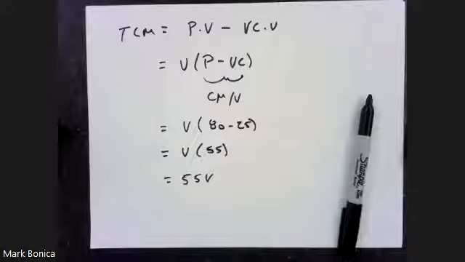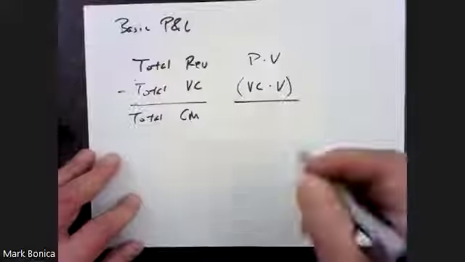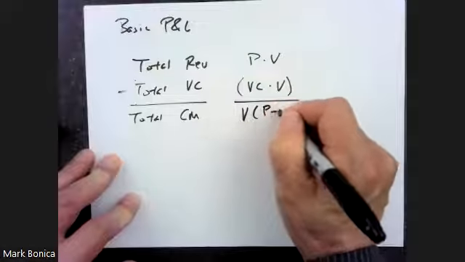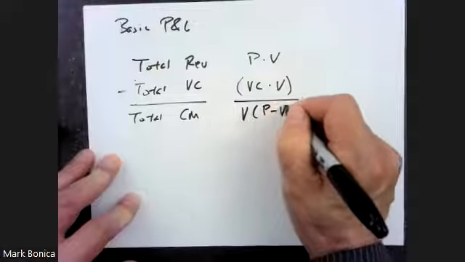So in this particular case, total contribution margin is volume times price minus variable cost. That gives us our total contribution margin.